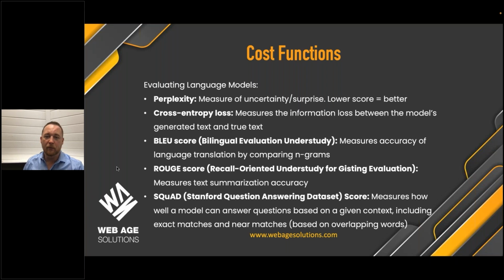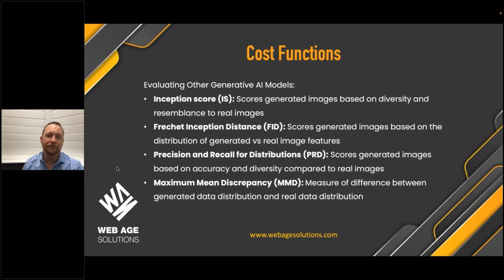And then the SQuAD score is used to measure the ability to do question and answer, where it basically measures the similarity between the given response and the expected response by looking at number of exact matches and overlapping words and phrases.